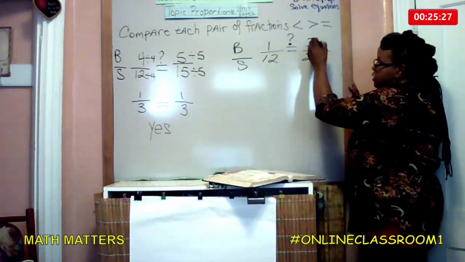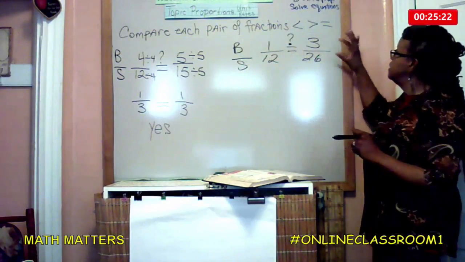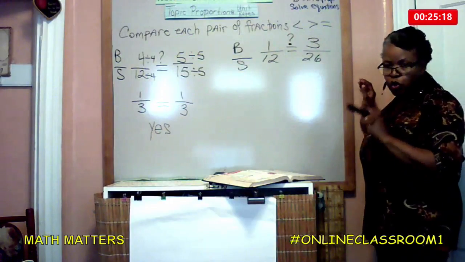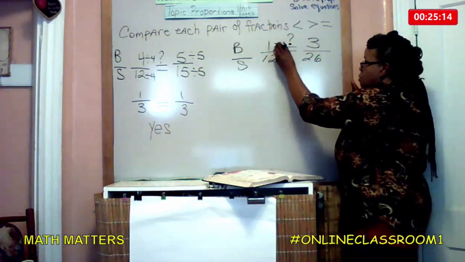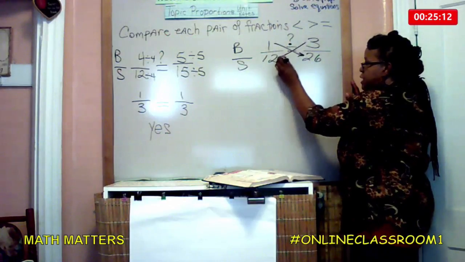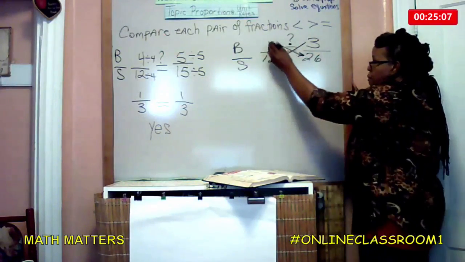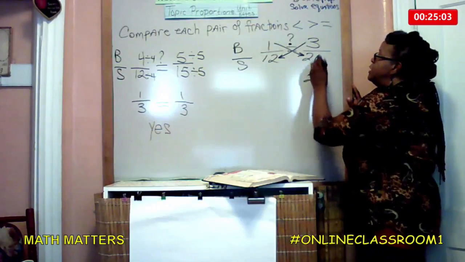Here can I reduce my 3? No, I can't. This does not reduce here. This one's already reduced, so I will check my other strategy. I will cross multiply and see if I get equivalent products. Here I get 26 times 1 is 26.